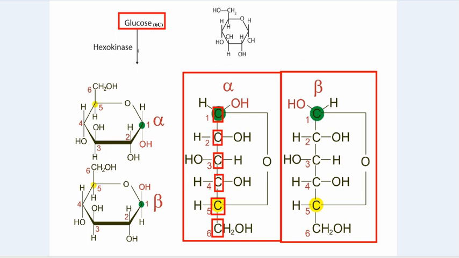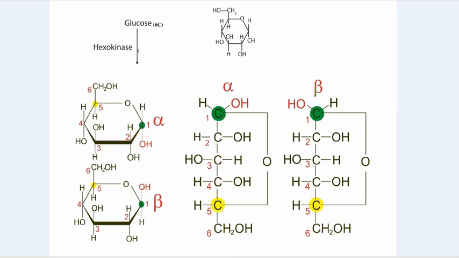So this one is alpha D glucose, and this one is beta D glucose. If you make a ring formation of alpha D glucose, it looks like this. Beta D glucose looks like this. If OH is on the lower side, it is alpha D. If OH is on the upper side, it is beta D. From today we are taking alpha D glucose.